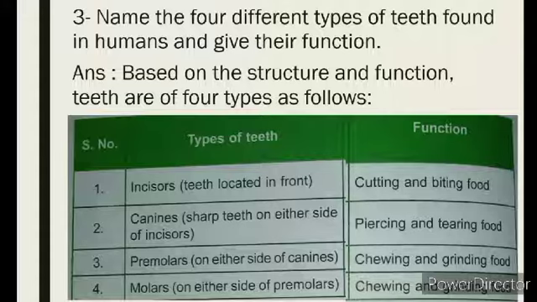Sharp teeth on either side of incisors. Piercing and tearing food is its main function. Premolars are on either side of canines. Function is chewing and grinding food. And the last one is molars, on either side of premolars, and their main function is chewing and grinding food.